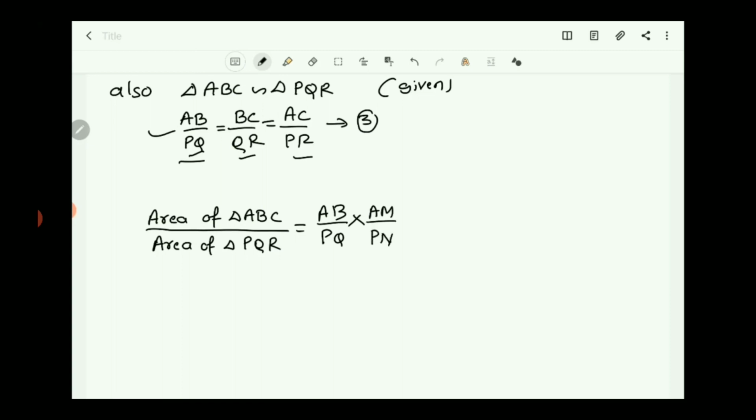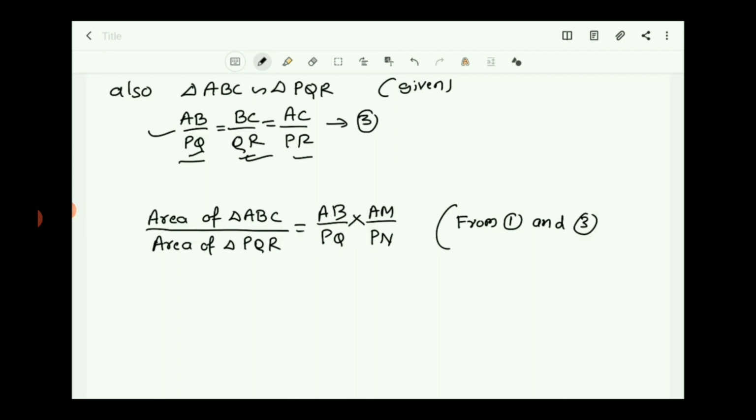In the place of BC by QR you wrote AB by PQ, that is from first and third. Here you got AB by PQ into AM by PN.